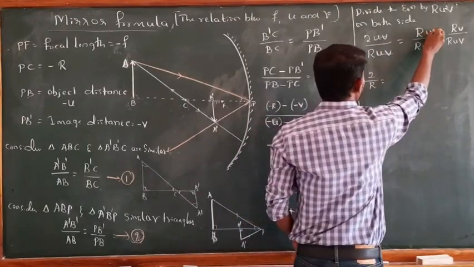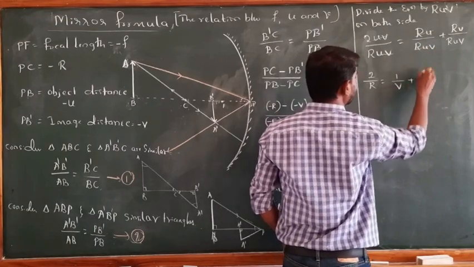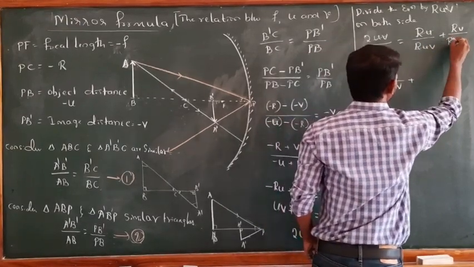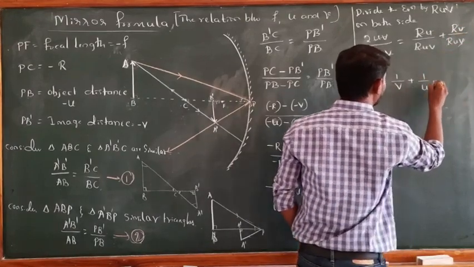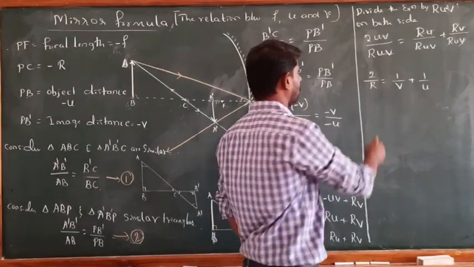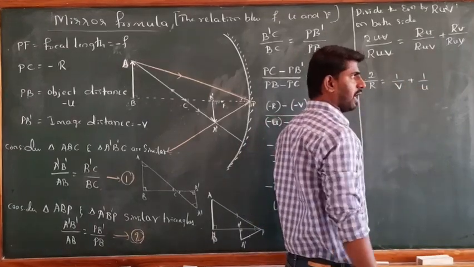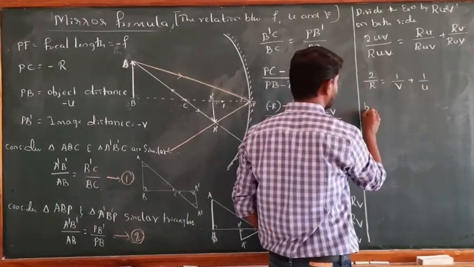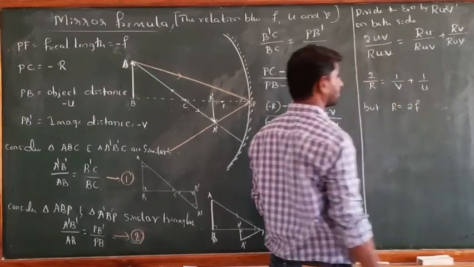Next, this RU and this RU cancel. This is 1 divided by V plus, and this RV and RV cancel, this is 1 divided by U. Okay, so 2 by R equal to 1 by V plus 1 by U, and we know the relation between R and F, that R equal to 2F.